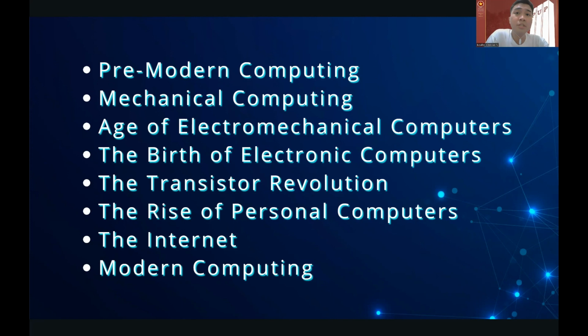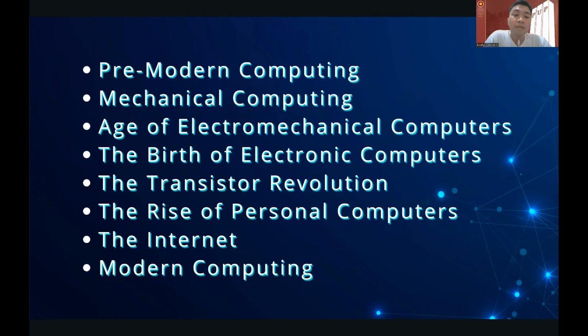And last is modern computing. The development of the microprocessor in the 1970s revolutionized personal computing by miniaturizing computing power, making it affordable, and putting it in the hands of individuals. Also, quantum computing, based on the principles of quantum mechanics, promises to solve complex problems exponentially faster than classical computers.